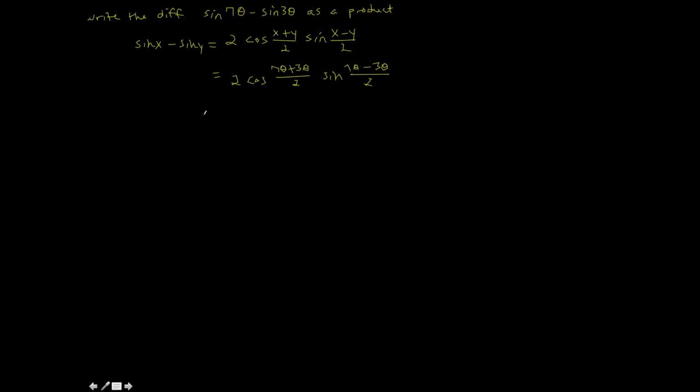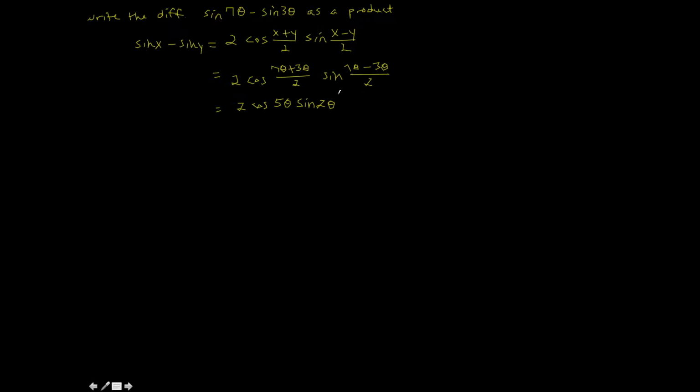So when you simplify this, you get 2 times the cosine of 5 theta, the sine of 2 theta. So that's taking a difference and writing it as a product. Now, if it was a sum, we would just use a different formula, but we would do it in much the same fashion.